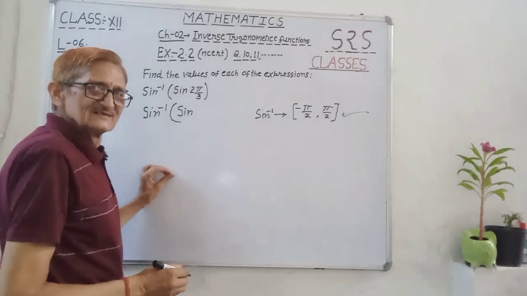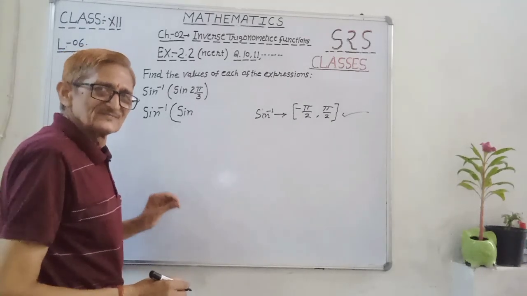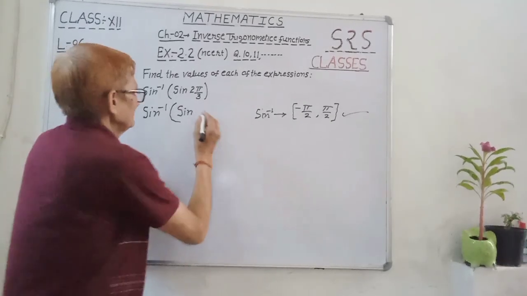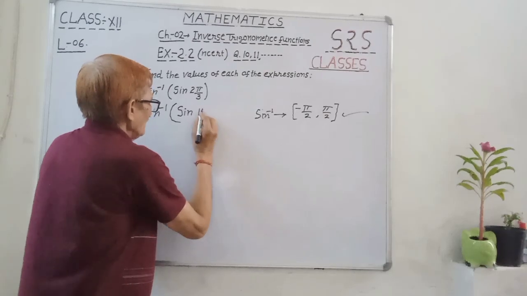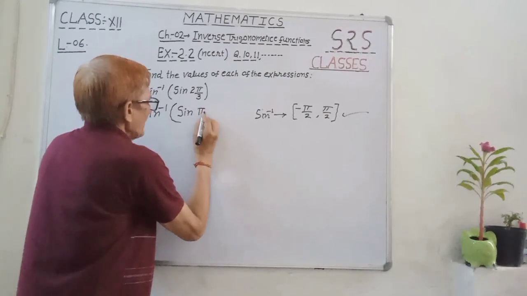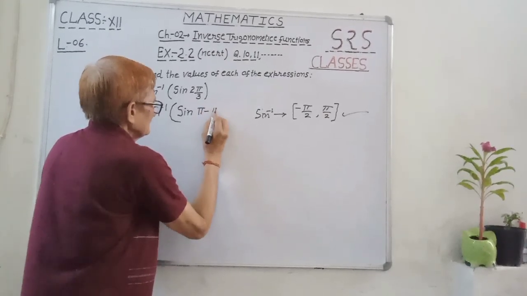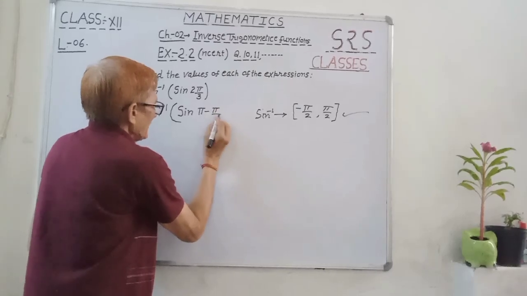What can we write for 2 pi by 3? Pi minus pi by 3. Sin of pi minus pi by 3.